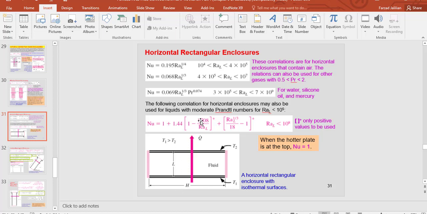And just notice that in this equation, we should only consider positive values for the calculation inside the brackets. And this equation is valid when the Rayleigh number is lower than 10 power 8.